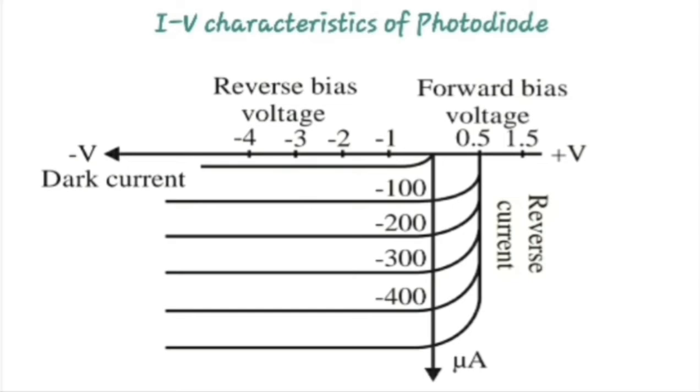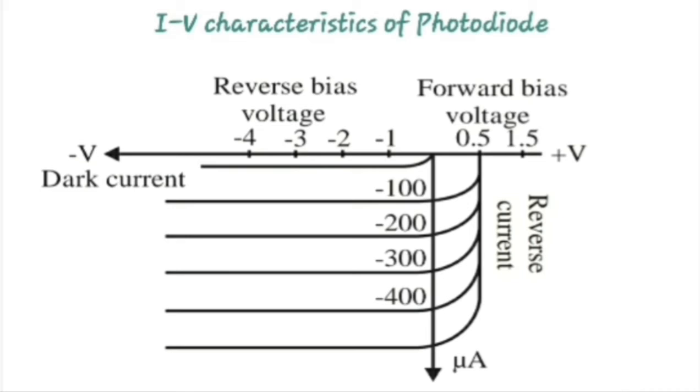The magnitude of this current is constant for a certain range of voltages, and it is due to the minority carriers flowing through the semiconductor material. Since the reverse bias current depends on the concentration of minority carriers, it does not depend on the applied voltage. So we can say reverse current depends only on the concentration of minority carriers and not on the applied voltage.